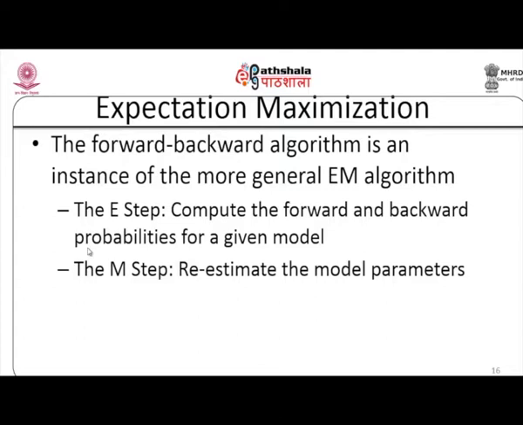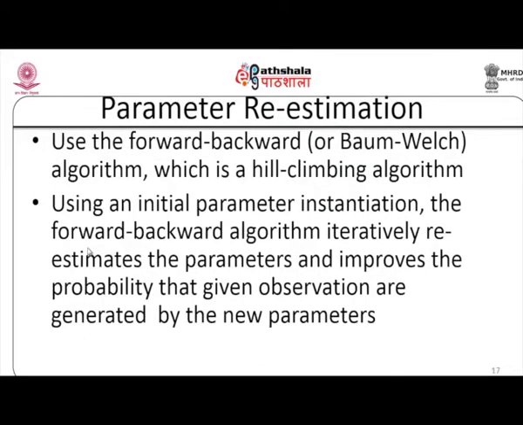Okay. So, how do we do this parameter re-estimation? You use the forward backward algorithm, which is a hill climbing problem. Using an initial parameter instantiation, which is a guess, the forward backward algorithm will iteratively re-estimate these parameters and improve the probability. What has been given to us are the observations.